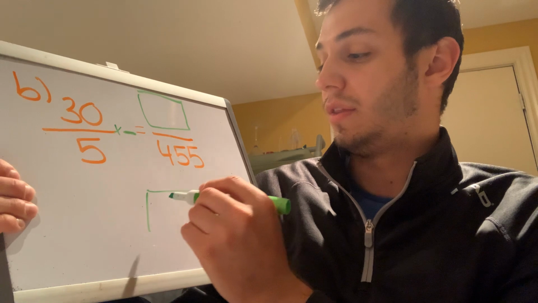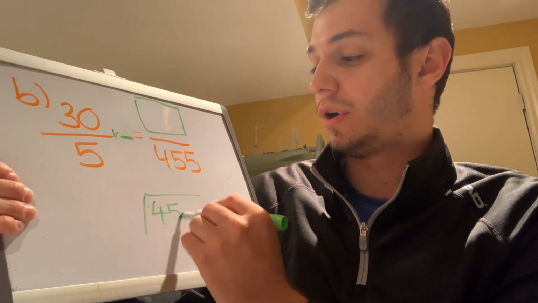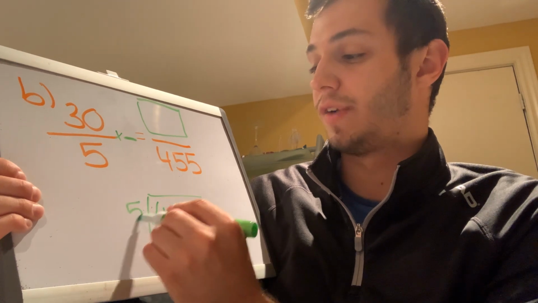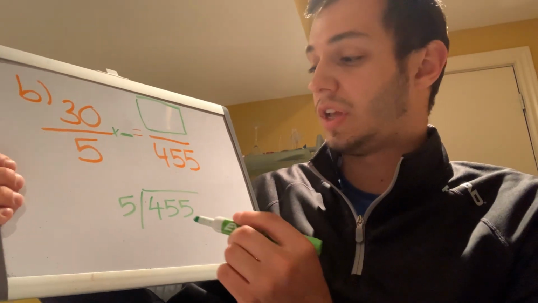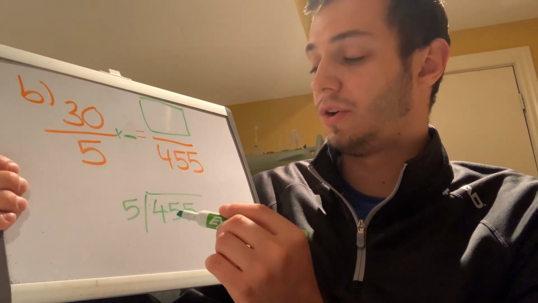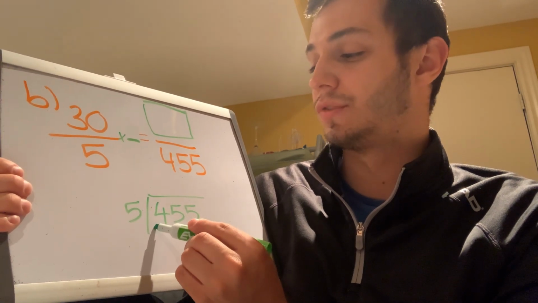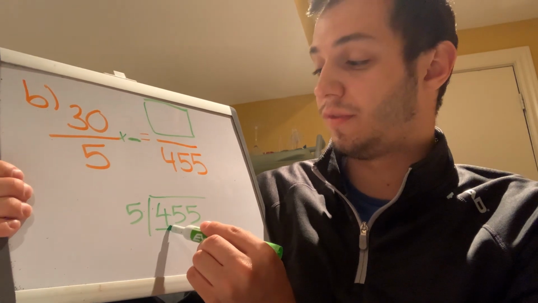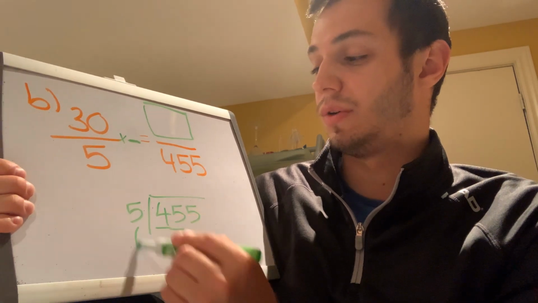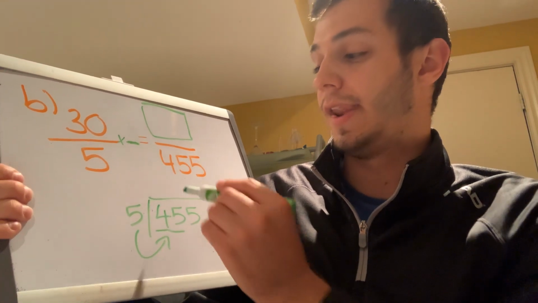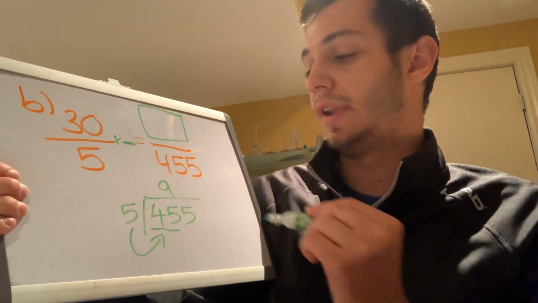Once again, this 455 will go underneath my division sign, and this 5 will go right in front. So just like we did in our earlier problem, I'm going to try to divide 5 into the first number, which is 4. It won't go into 4, so then I'll look at the next number as well. We know that 5 can go into 45 9 times, so I'll put 9 right on top.